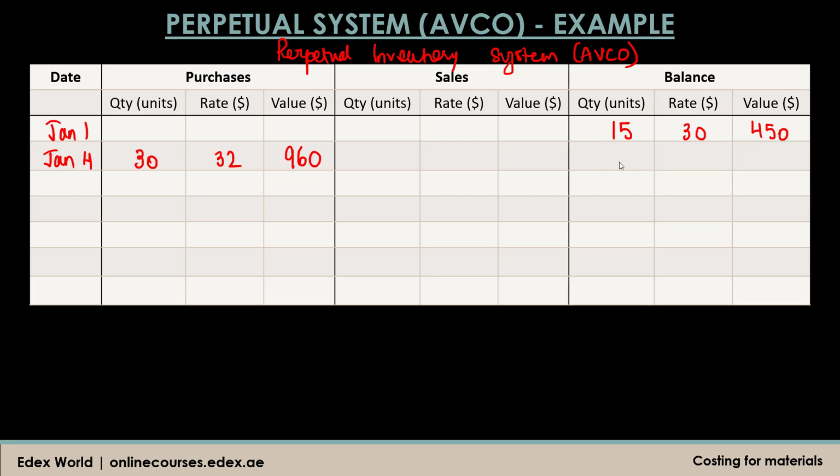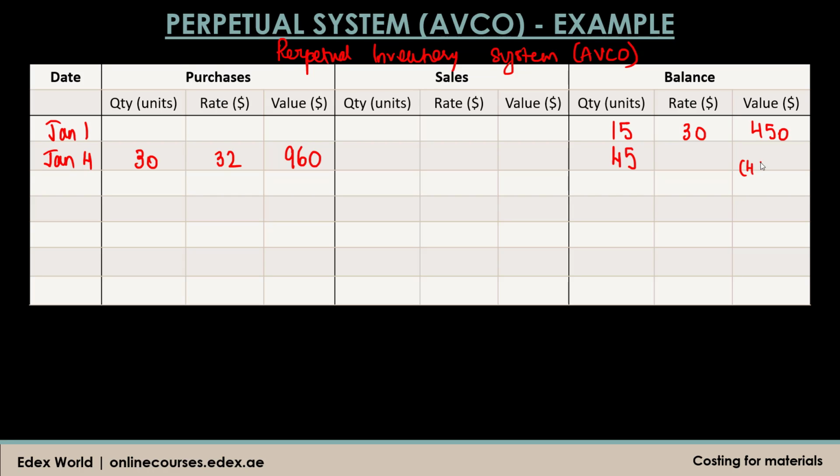So how much inventory do we hold in terms of quantity? 15 opening and 30 new, so 45 units. And what is the total value of these materials? 450 is the value of opening and 960 is the value of the new materials that are received.